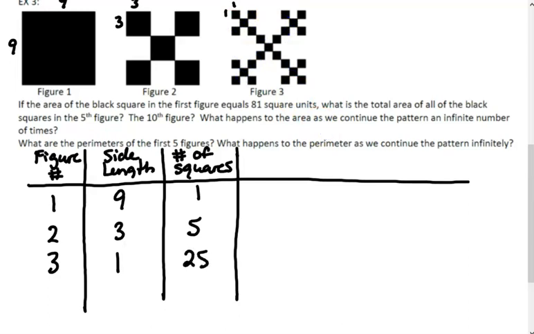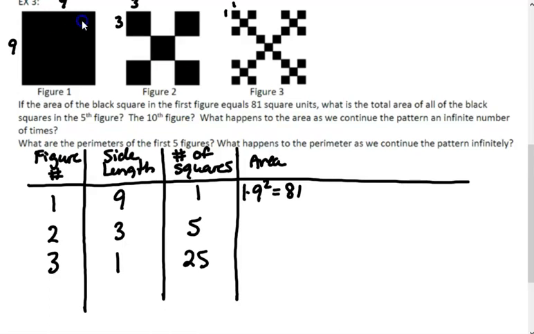Now let's look at what happens when we find the area and the perimeter of the black region. So the area of the first one clearly is 9 times 9, which is 81. And I'm actually going to write this as 9 squared. 9 squared equals 81. And we have 1 square, so it's 1 times 9 squared.